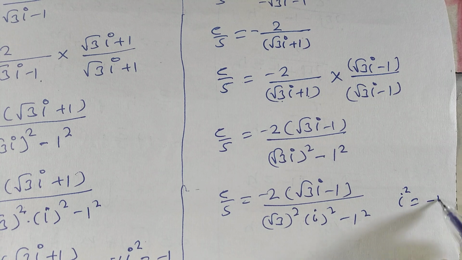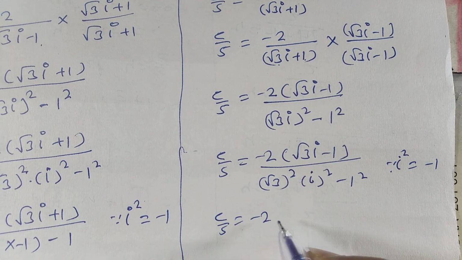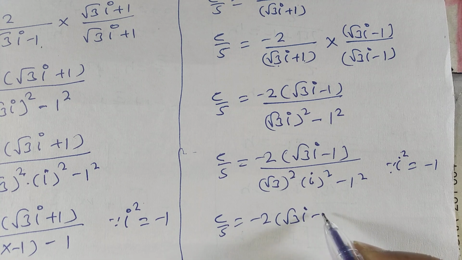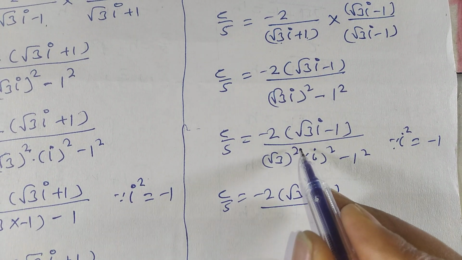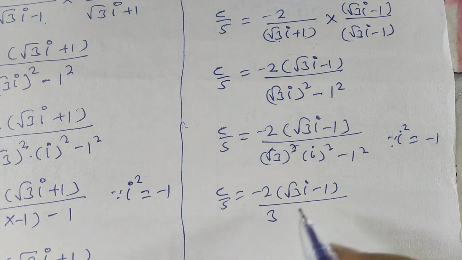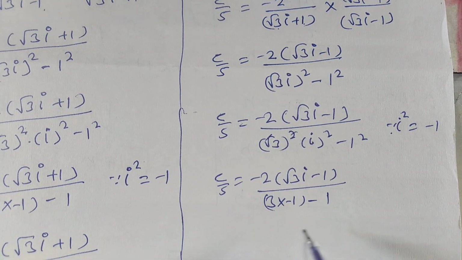Iota square is equal to minus 1. C over 5 is equal to minus 2 square root of 3 iota minus 1 over this square, and this square root will be removed. Iota square minus 1 over 1 is minus 1 square is 1.